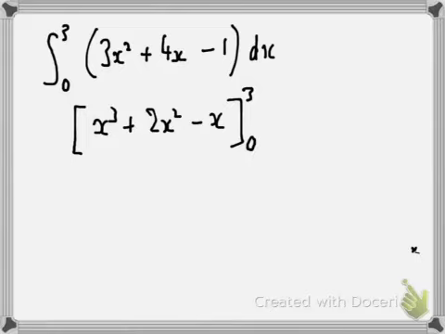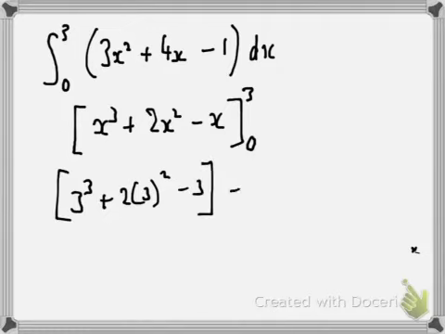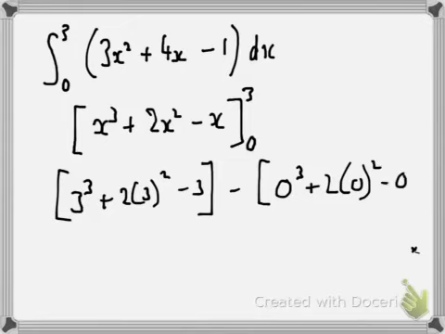Then we place 3 into there for x, so you can see I'm doing that. Square bracket around it, minus putting 0 in there for x. Now it's not easy to see what's going to happen if you put 0 in here, but anyway, we'll still do it. Alright, so then we evaluate. Notice how with the definite integral there's no plus c, because it's a definite integral on this occasion.